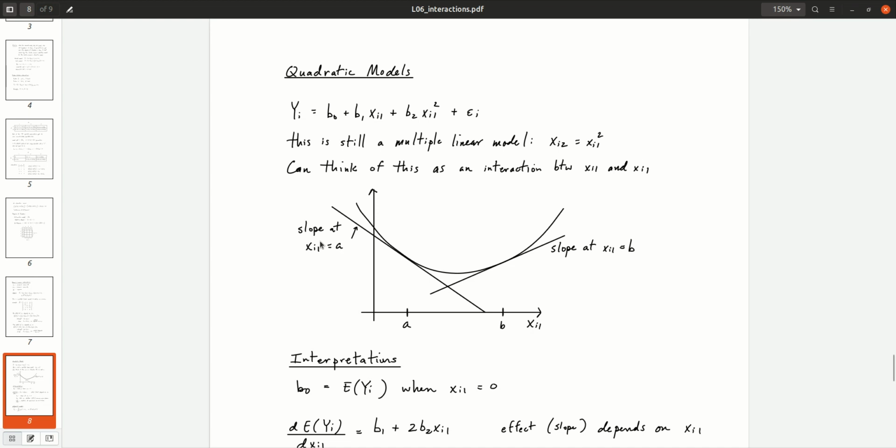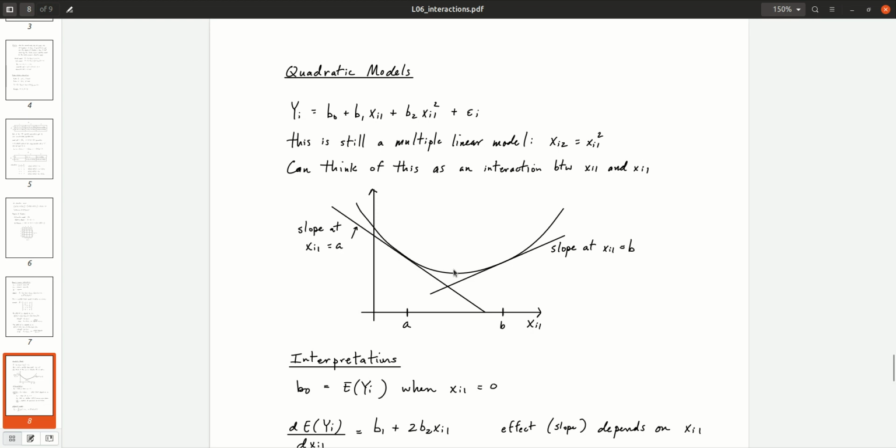I say that because if we pick a specific value for xi1, so here this curved line is our quadratic, looks like any old quadratic, the effect of changing xi1 when it's equal to a, this value here, is to decrease the expected value.